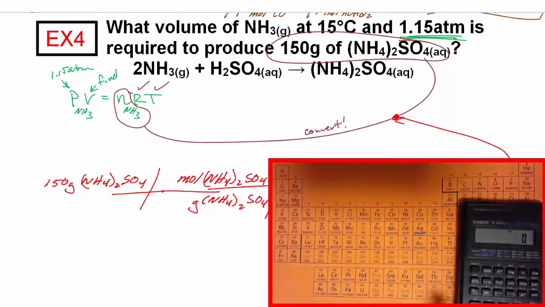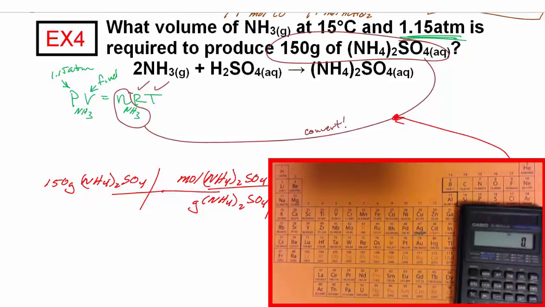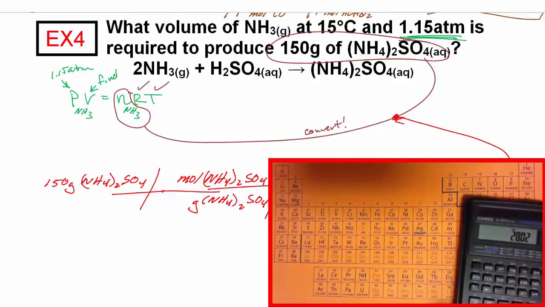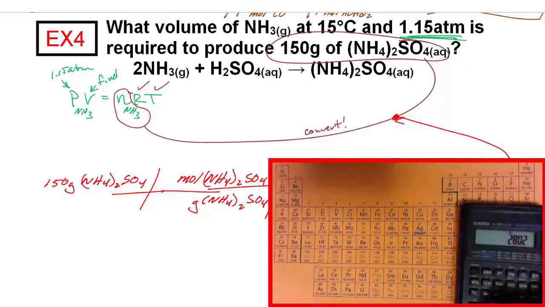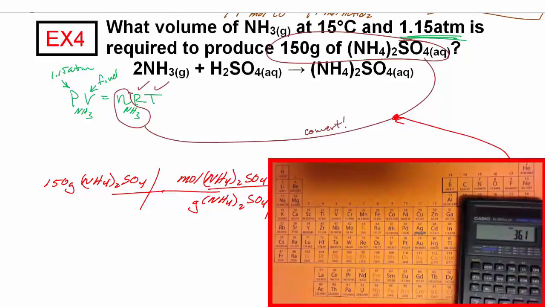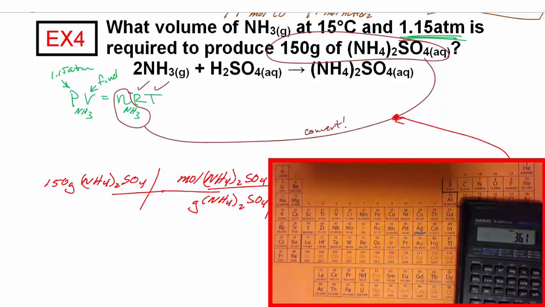Molar mass of ammonium sulfate. I need 2 nitrogens, 14.01 times 2 plus, and I need 8 hydrogens, 8.08 plus sulfur and 4 oxygens.